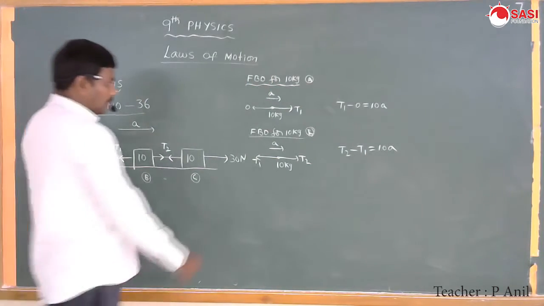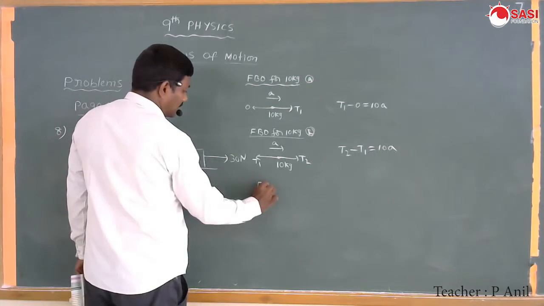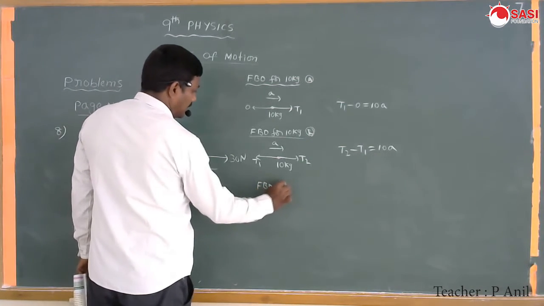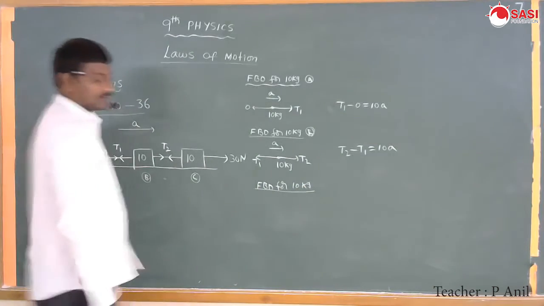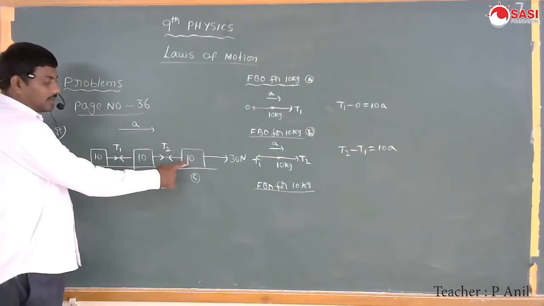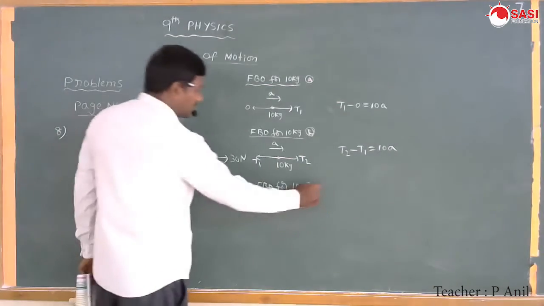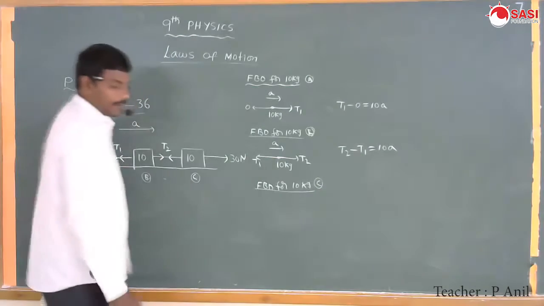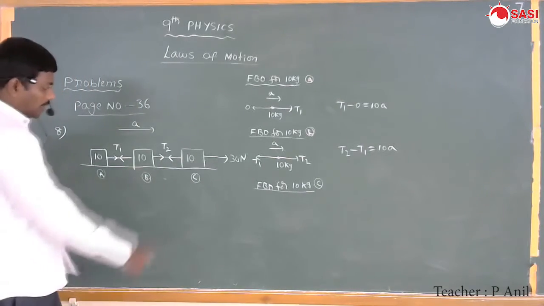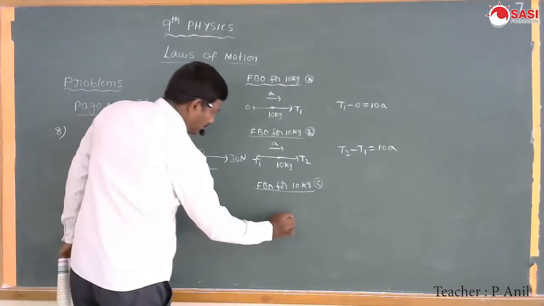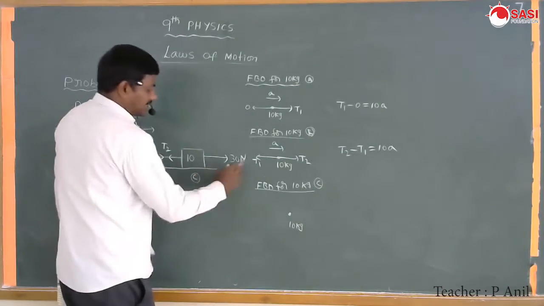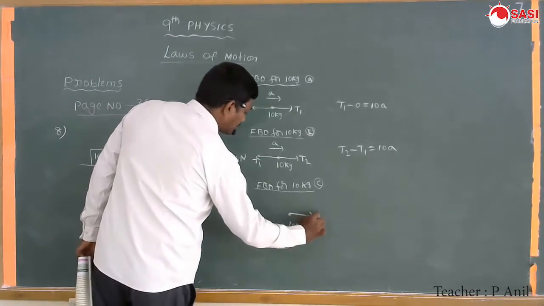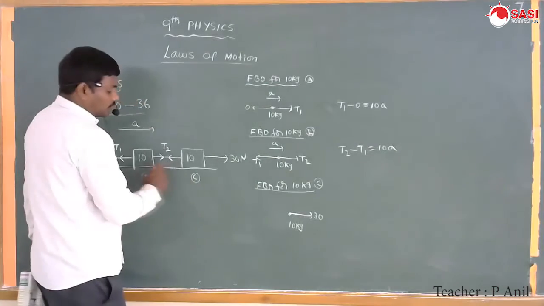Now you take a free body diagram for the 10 kg block placed at the position C. What are the forces acting on it? Right side force 30 newtons, left side force T2.